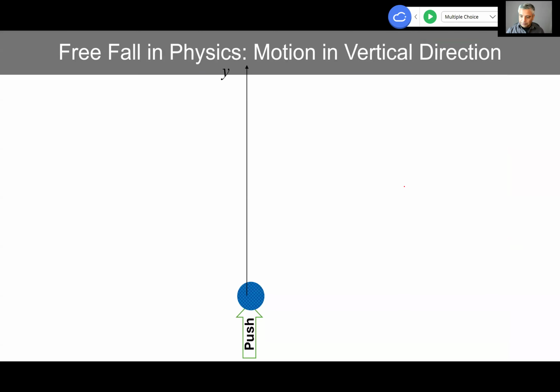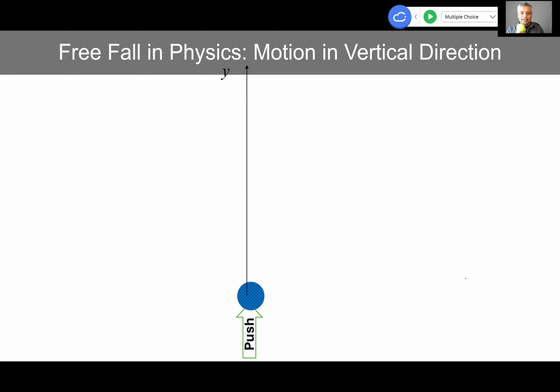So now, we have that kind of motion in nature. What kind of motion am I talking about? Where the acceleration is always in the opposite direction to the initial velocity.